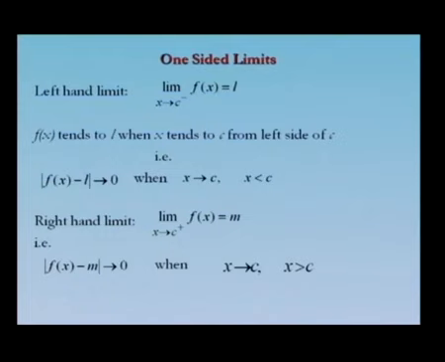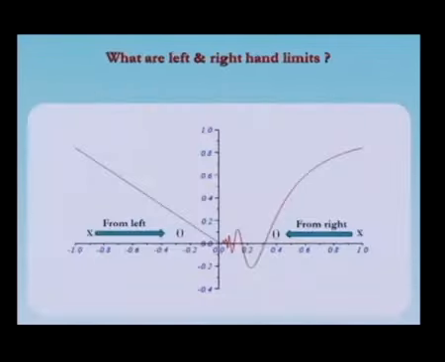So we say limit x tends to c plus f(x) equals m if the difference between f(x) and m tends to 0 when x tends to c from the right hand side. Now consider this graph. Can you observe what the left hand and right hand limits are?